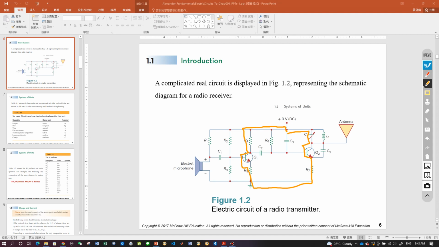It's a lot. Actually we have an equation, I think in chapter 2, to tell you how many independent loops or branches there are in one circuit. I will explain it later when we get there.